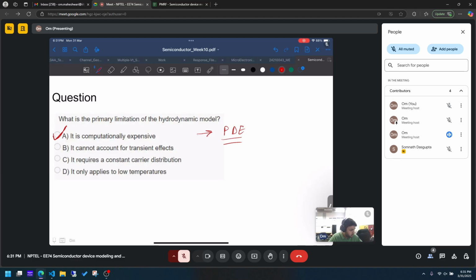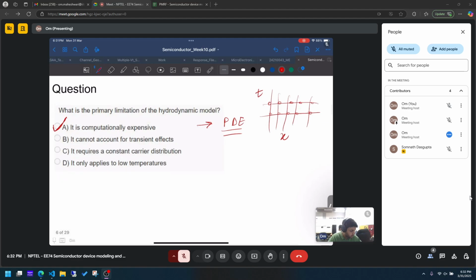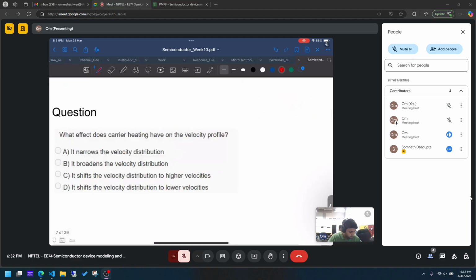And it has to be solved across all the nodes, across all the grids in the structure, in space dimension, in time dimension, and multiple quantities are there to be calculated. That is why it is computationally expensive to solve. Okay. Next question.